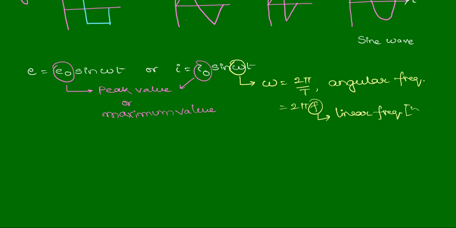For a common household supply, its value is 50 hertz. So these two equations are very important, and we'll call these two values, this E or I, the instantaneous values of current or voltage.